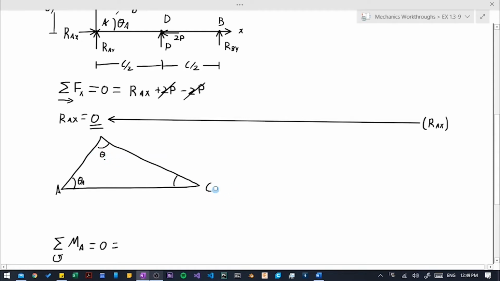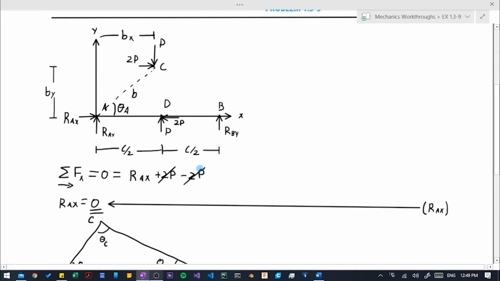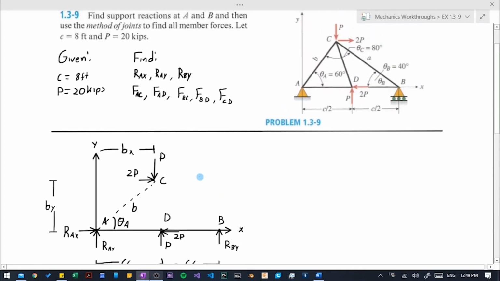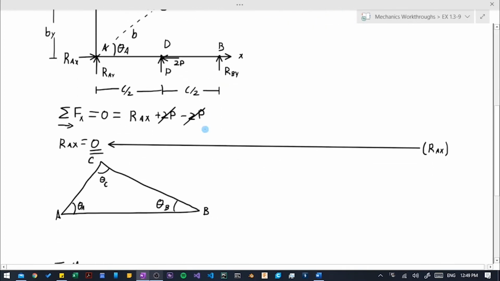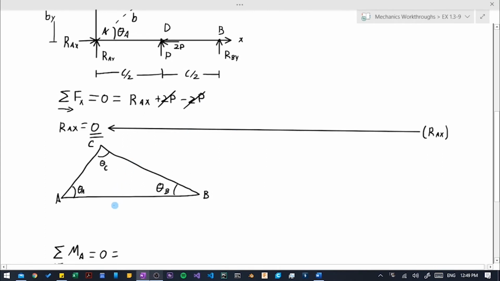This is actually point B and point C. All right, and we know that this side length is C, 8 feet.